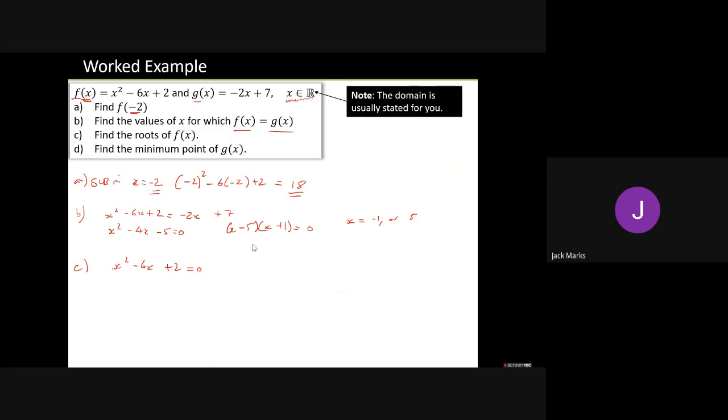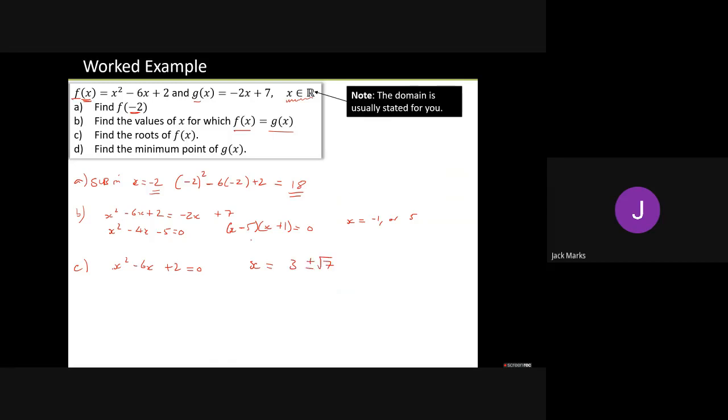So if you turn this on, press menu, go to the section for A, press 2 for polynomial, 2 for the degree, and we can type this in. 1x squared minus 6x plus 2 equals 0. And it's telling me here, if I just double check I've typed it correctly, x squared minus 6x plus 2, I'm getting answers of x equals 3 plus or minus root 7.